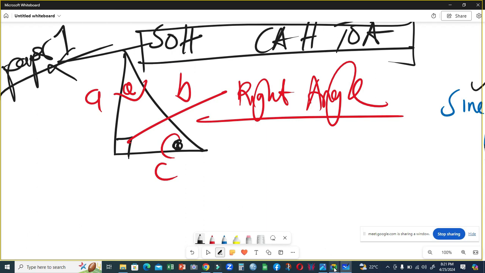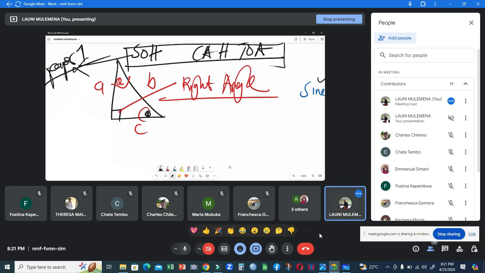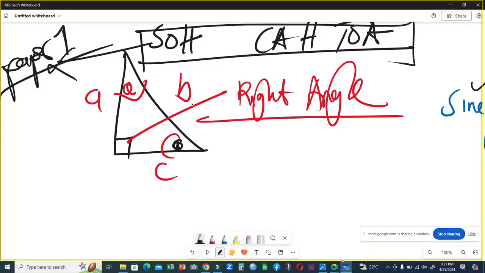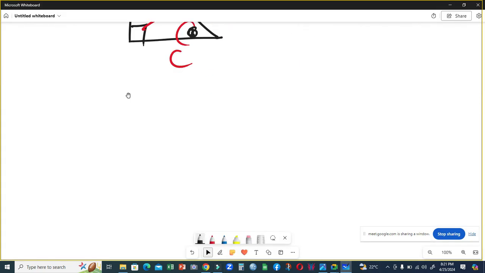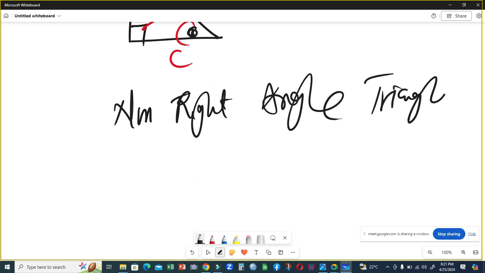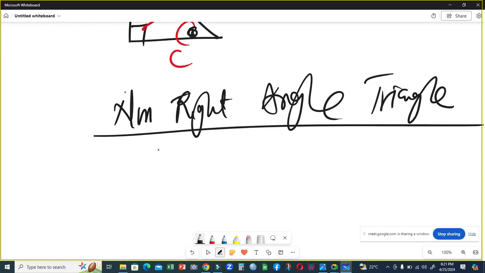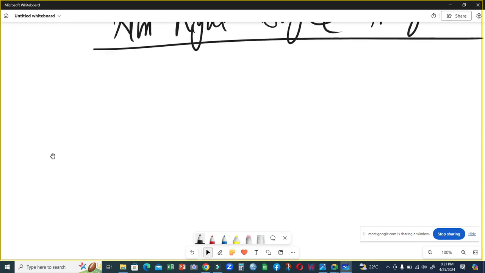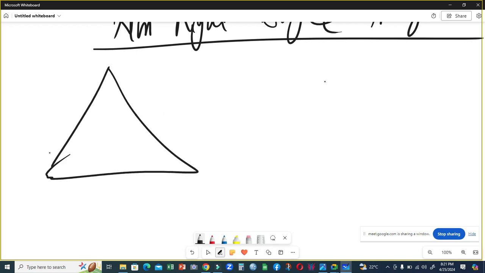They said, how about any other triangle? Any other triangle, then we are talking about a non-right angled triangle. With a non-right triangle, we are talking about a triangle without a 90 degrees in it.